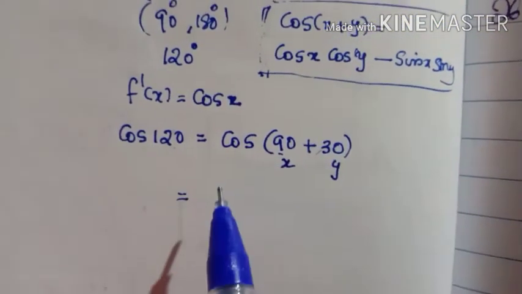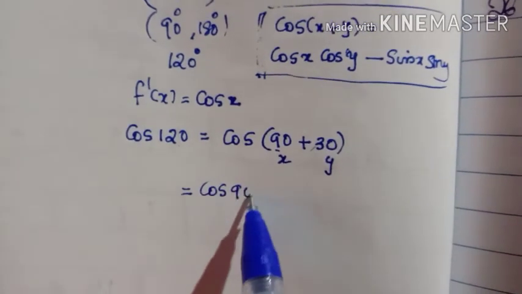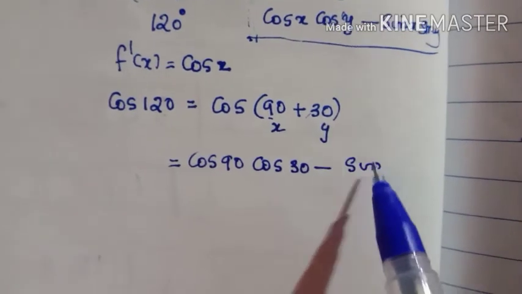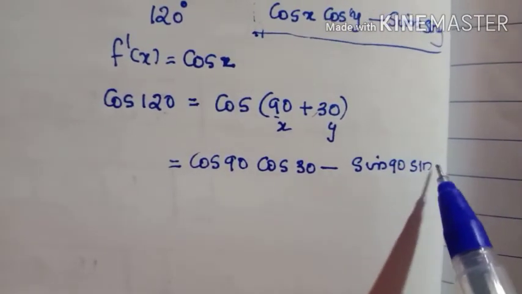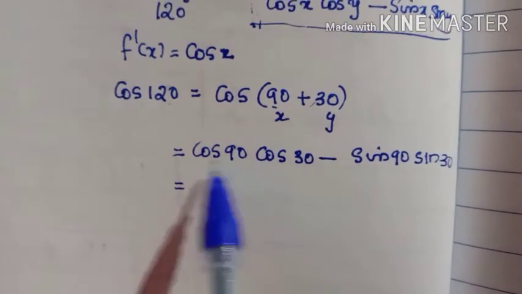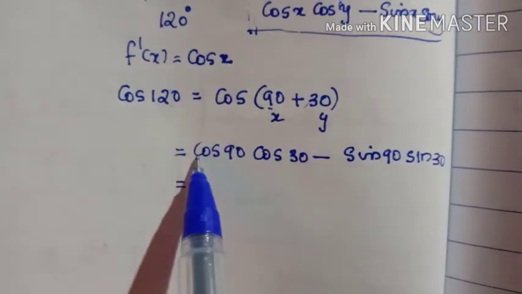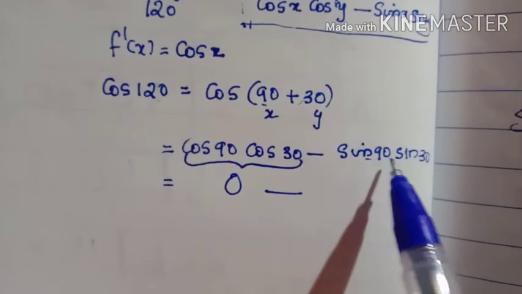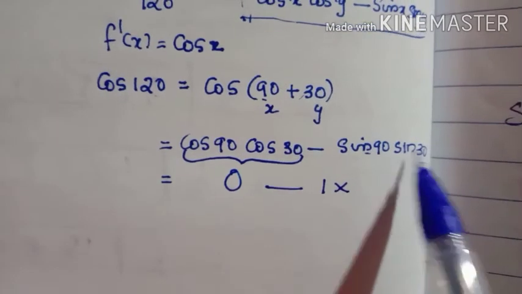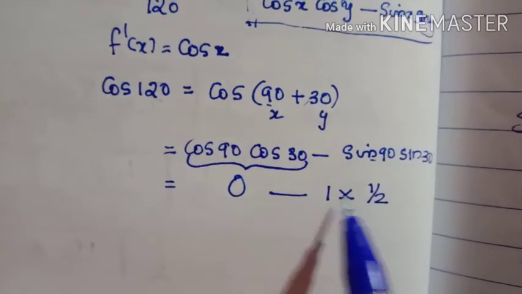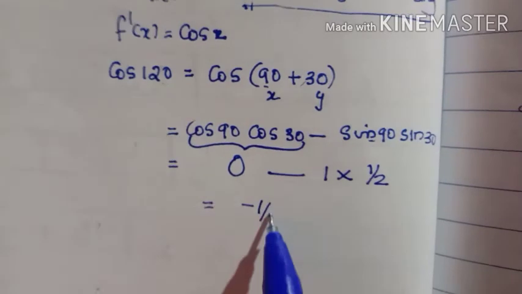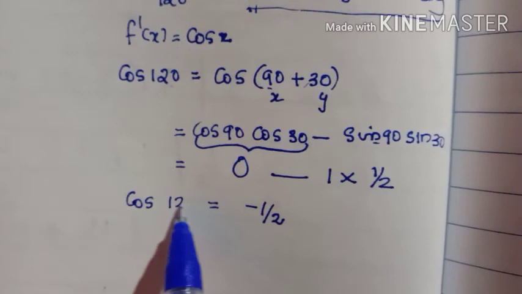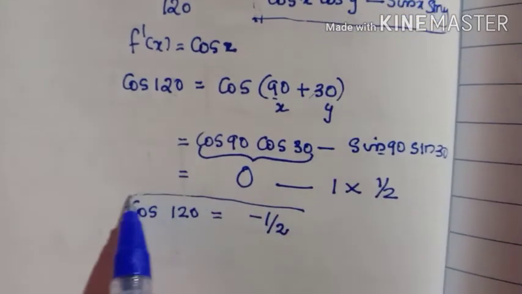So just replace: cos 90 cos 30 minus sin 90 sin 30. Now what is cos 90? Cos 90 is 0. Therefore this term becomes 0 minus sin 90, which is 1, times sin 30, which is 1 by 2. So 1 into 1 by 2 is 1 by 2, and this is negative 1 by 2. Cos 120 equal to negative 1 by 2.